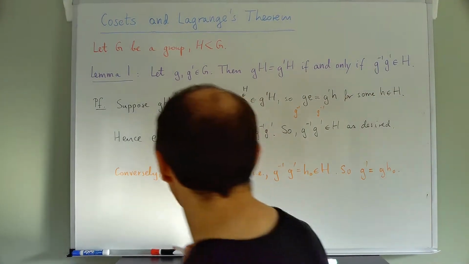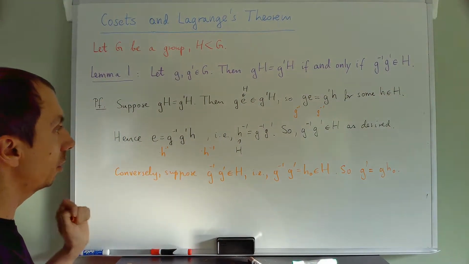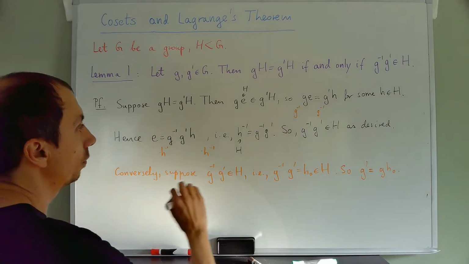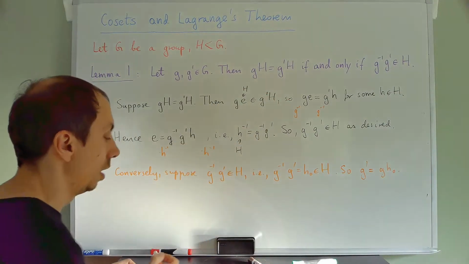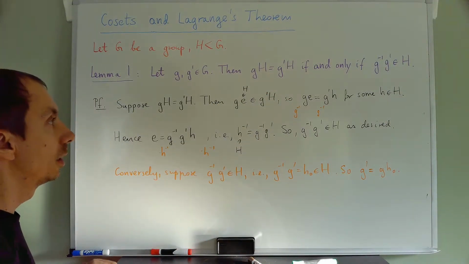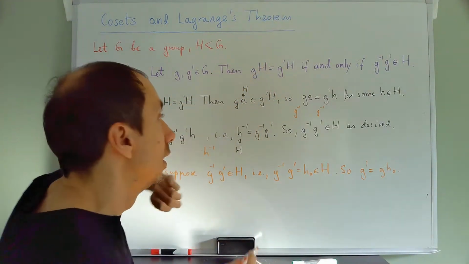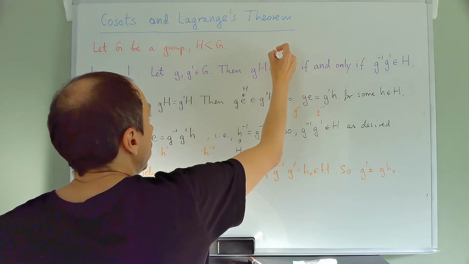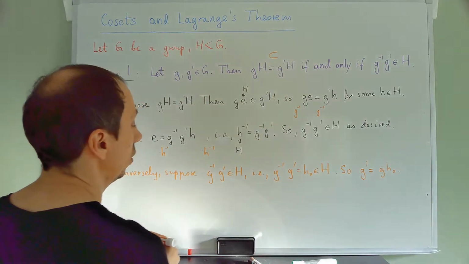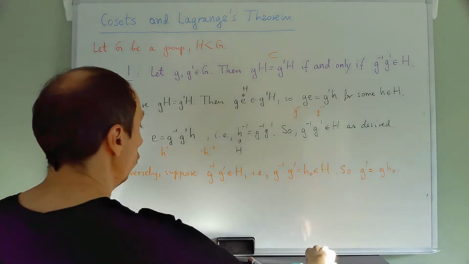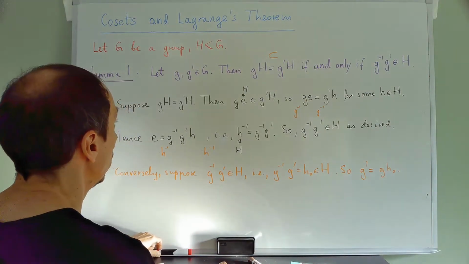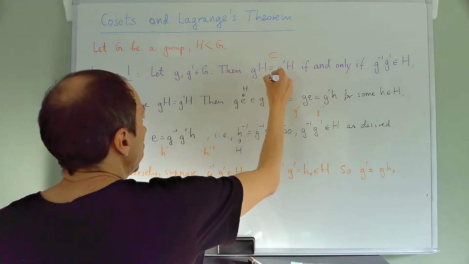Okay. What am I trying to prove? I'm trying to prove that these two cosets are equal, and to prove that two sets are equal, right? These are sets. I need to prove that the left one is contained in the right one, and then also the opposite, namely that the right one is contained in the left one.